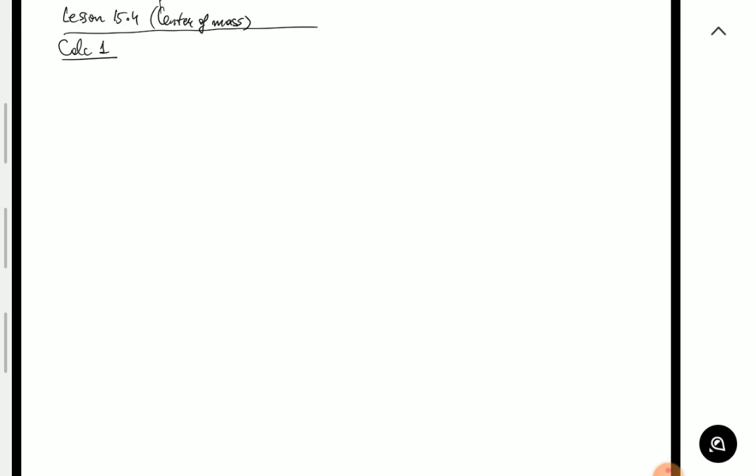So let's say you have some sort of an object in which the entire mass is concentrated at various points. This is, of course, a completely idealized representation.